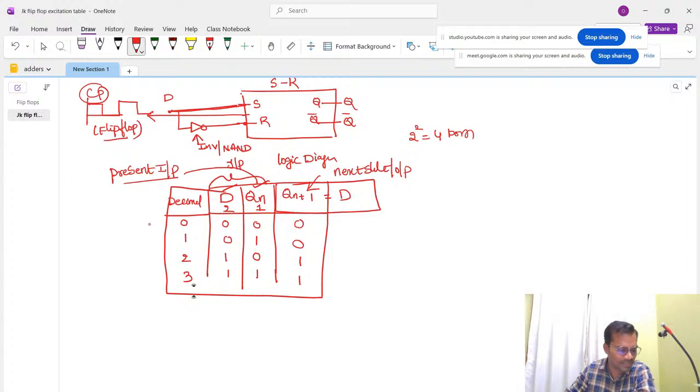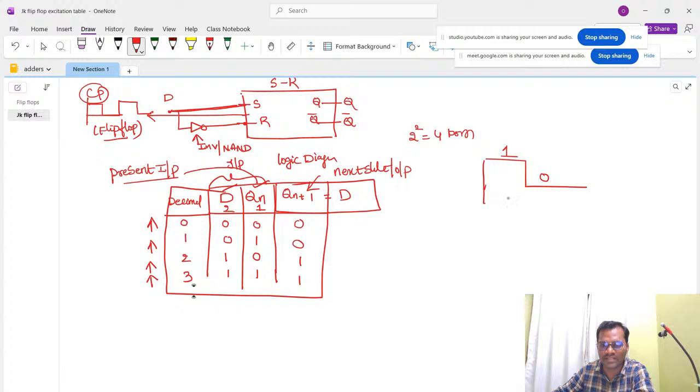All these flip-flops will work only when we give a positive trigger. This is called a gate pulse. Already I told you, this is 1 and 0, and here you are going to have a gate pulse, which is called a delayed gate pulse. We have to provide this gate pulse of one cycle.